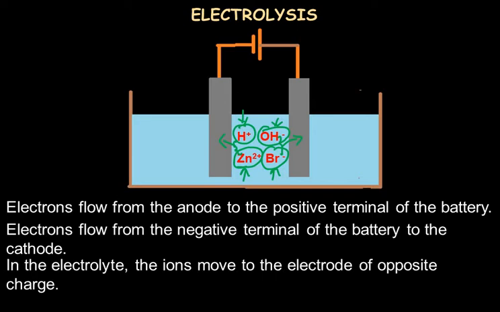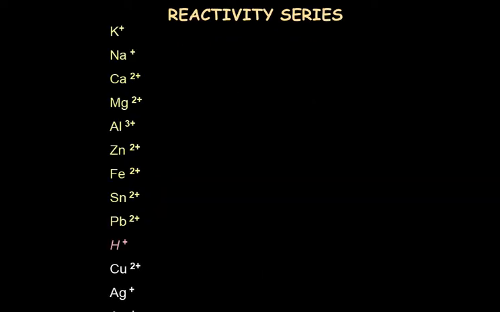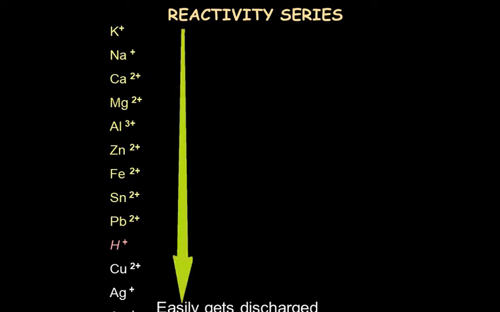So let's understand that. Here is the reactivity series. In this reactivity series, the ease of getting discharged increases down the reactivity series. That is, the less reactive metal ions will easily get discharged compared to the more reactive metals at the top of the reactivity series. Now let's understand why we have kept hydrogen in between.